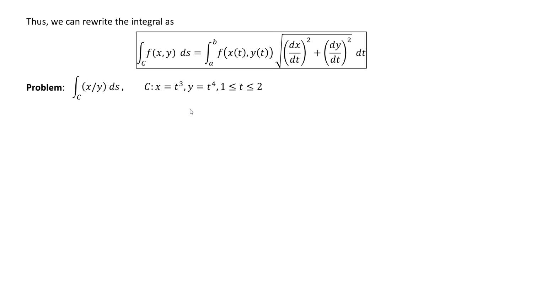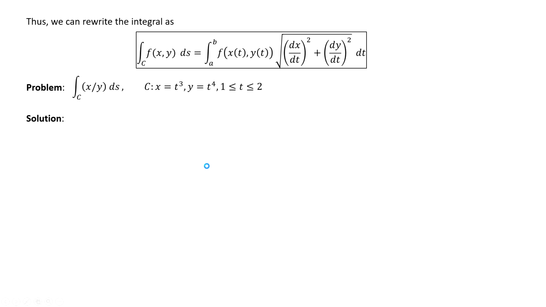Okay. Can we quickly realize what is what? Do we know what f of x comma y is? Clear. x over y. Cool. Do we know what a is? a to b. Oh, 1 to 2. Okay, a is 1, b equals 2. Would you agree? Do we have x and y? Yeah, x is a function of t, y is a function of t. Yep. Cool.